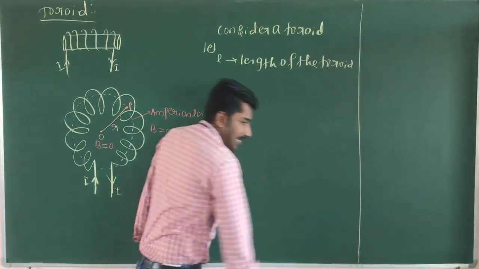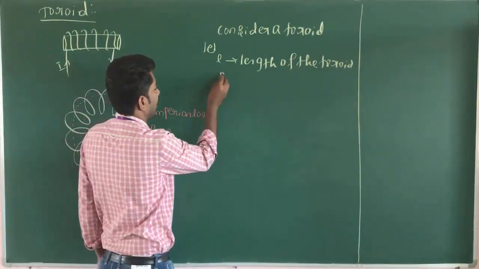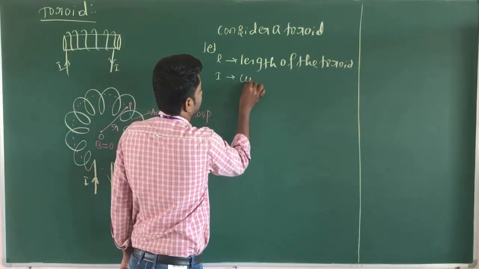L is the length of the toroid and I is the current.